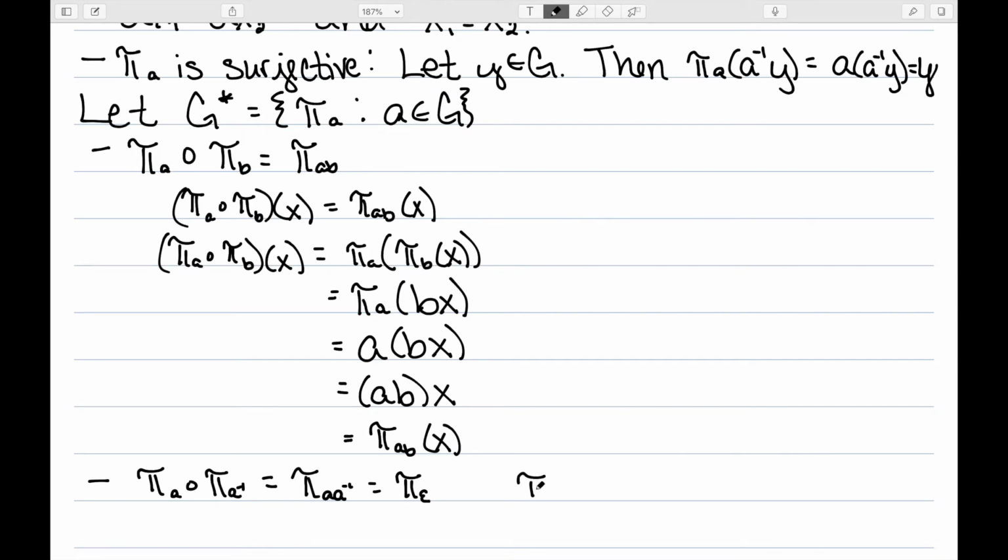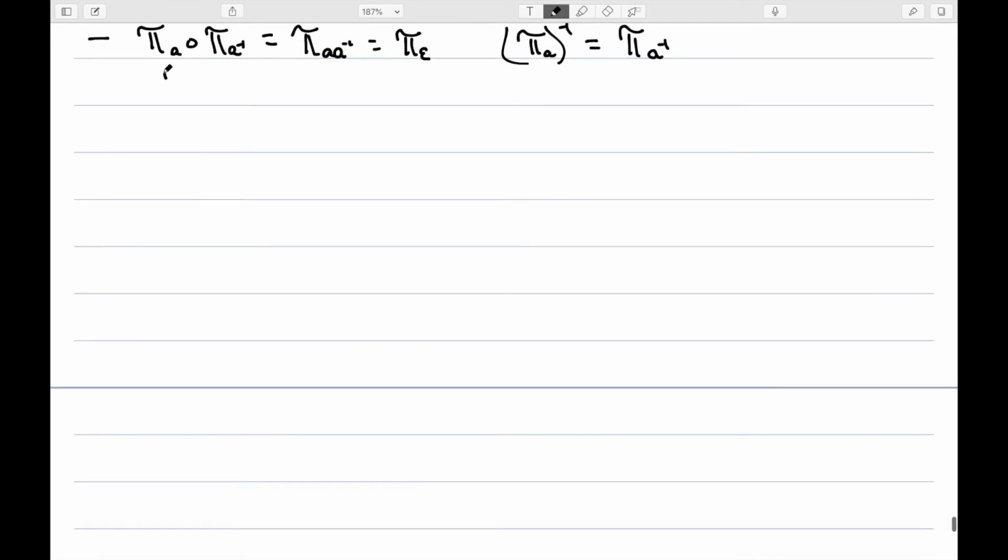So this tells me that the inverse of pi of a is equal to pi of a inverse, which does show me that this is closed with respect to inverses. So now I have that G star is a subgroup of the group of all permutations on the group.